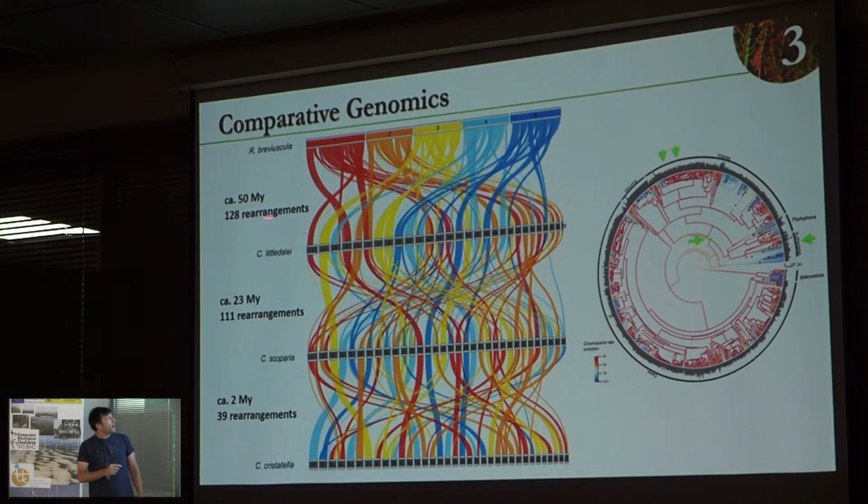And when we compare Carex littledalei with a species from a closely related genus, Rhynchospora breviscula, the divergence time is 50 million years ago, and the number of chromosome rearrangements is a small increase.